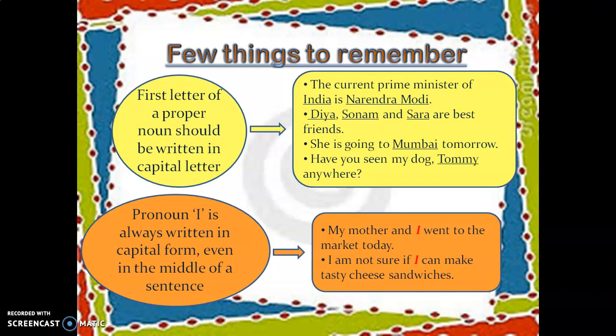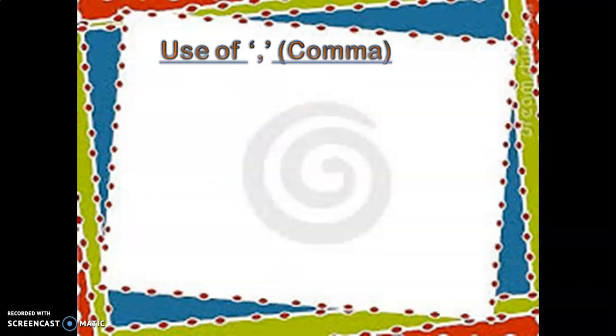So, it has to be in capital. I am not sure if I can make tasty cheese sandwiches. I here again is pronoun, so it has been written in capital letter.